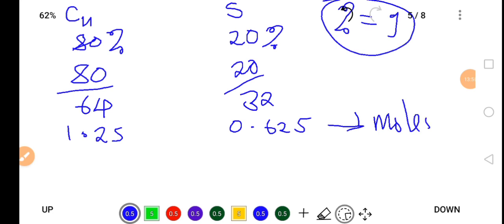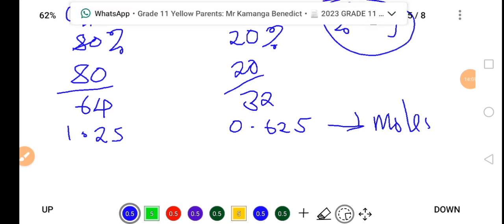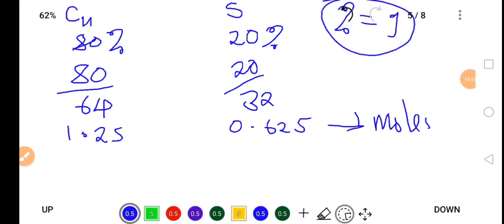Now we need to convert these moles to atoms. How do you convert these moles to atoms? You are going to divide these moles by the simplest number of moles answered here. So the simplest number of moles is actually sulfur, which has 0.625.